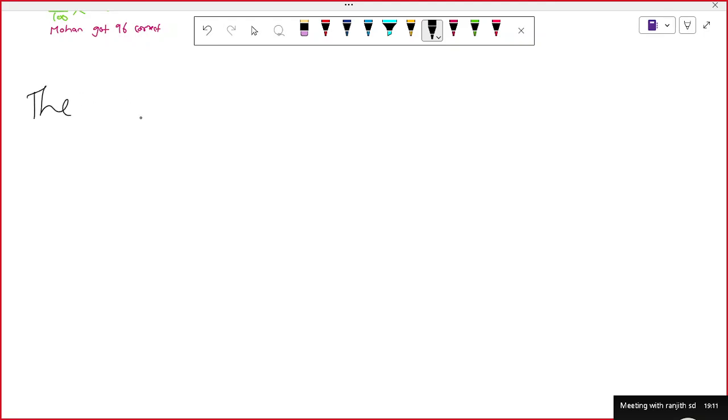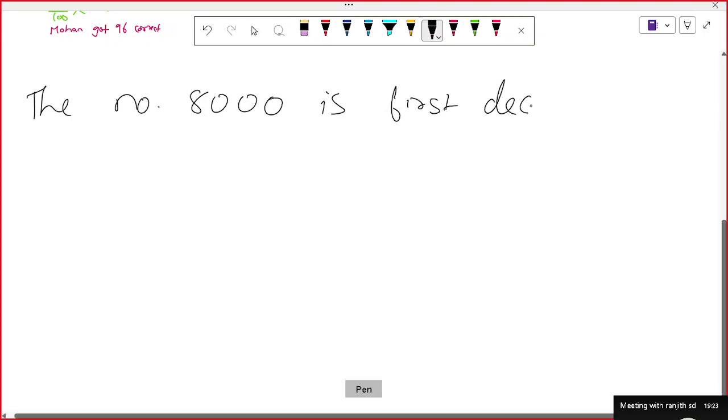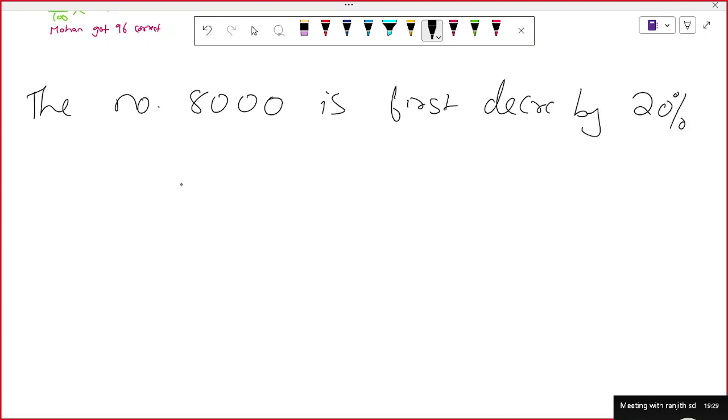Can you all tell me which method we can use here? The number 8,000 is first increased by 20% and then decreased. Will you all find the decreased value?